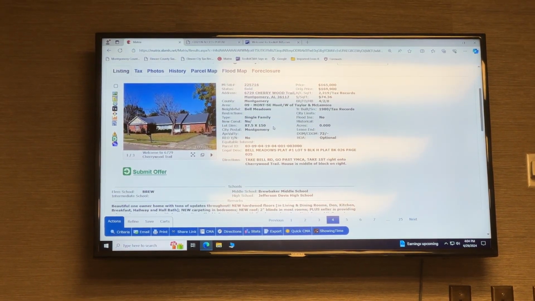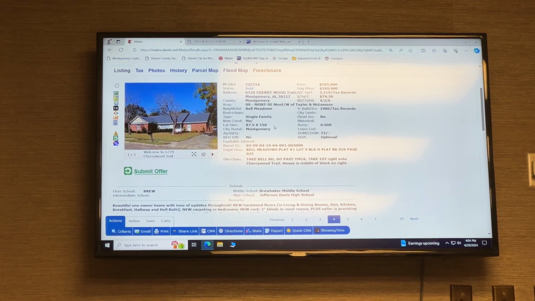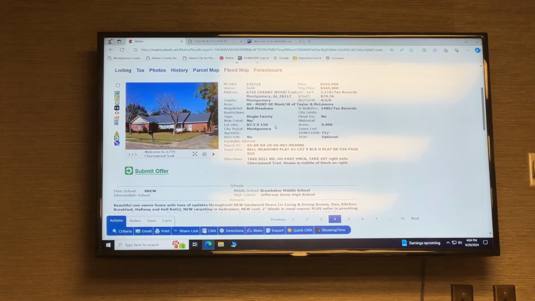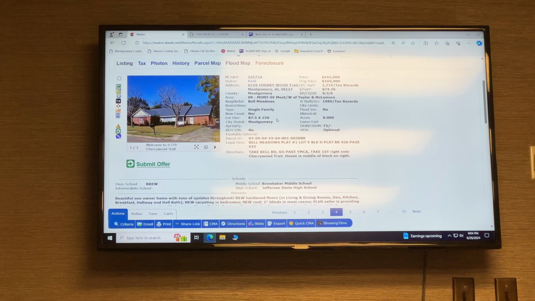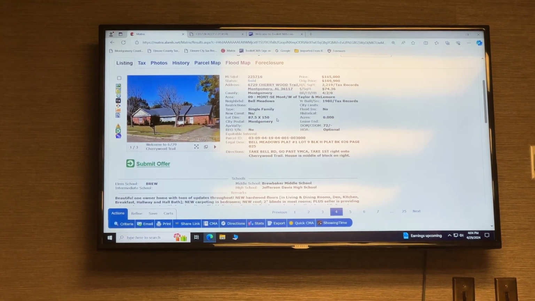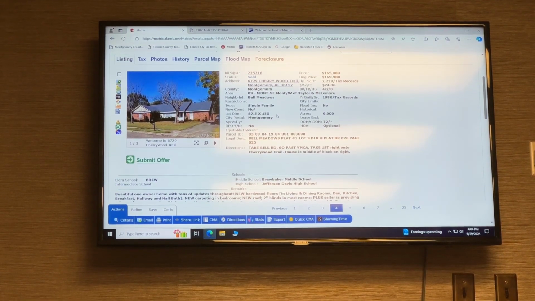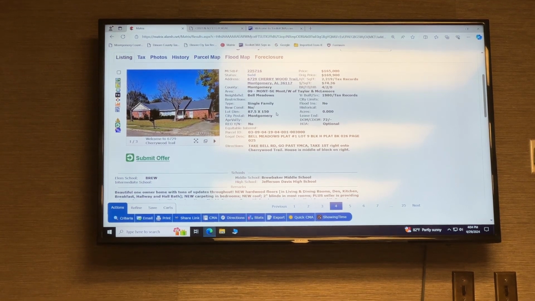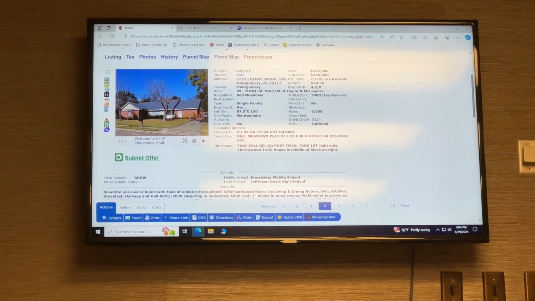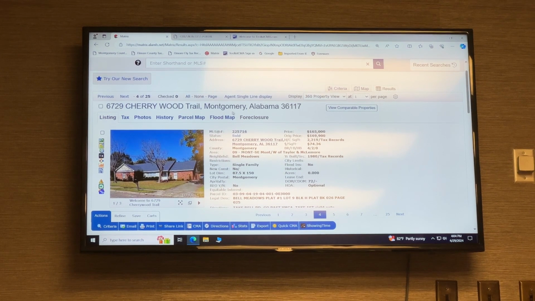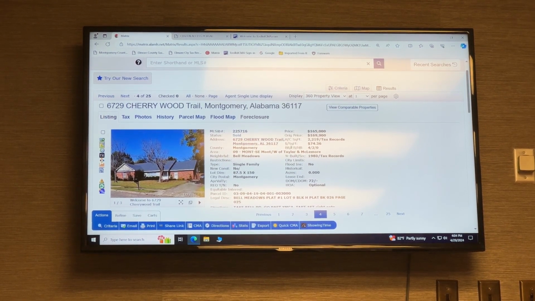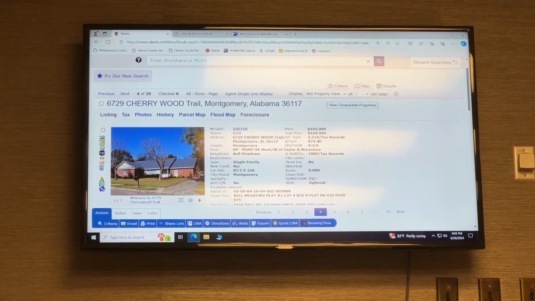When you get out in the country, then you start talking about that, and when you're trying to come up with value for country property, it gets a little bit more interesting. Lot size is a factor when you get out in the country. So, now we know that we've got 2,219 square feet in Bell Meadows.